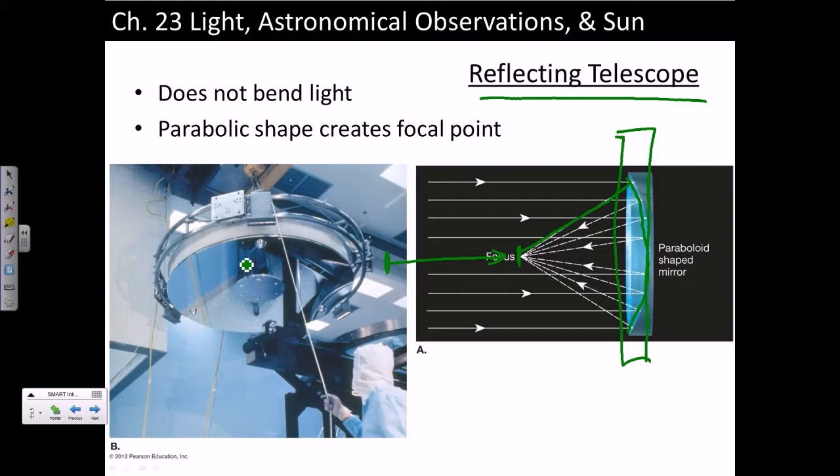Now, what happens when we start creating bigger and bigger mirrors? Well, if you're interested in engineering at all, you know that you can't just scale something up to some ginormous, huge size and expect it to behave in a regular fashion.